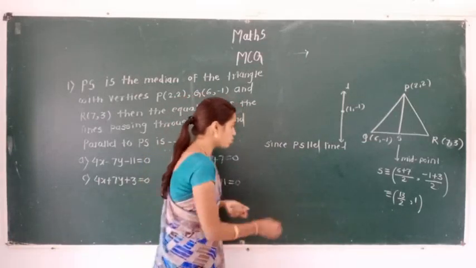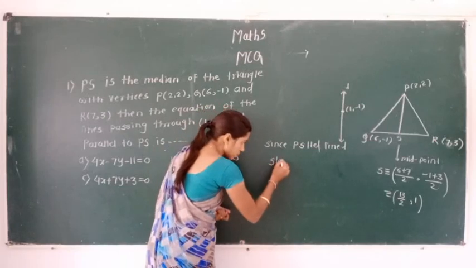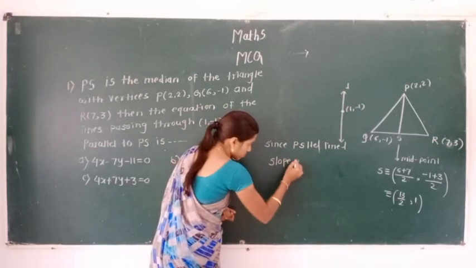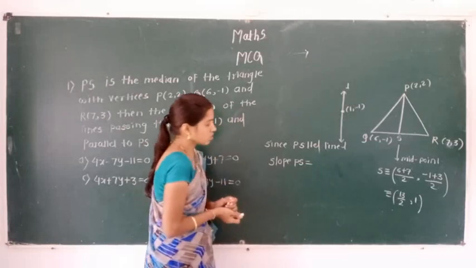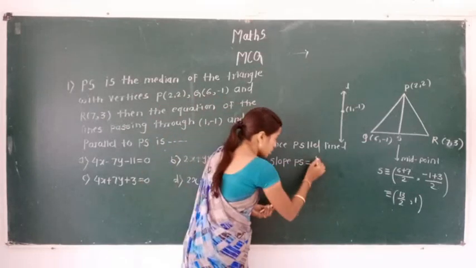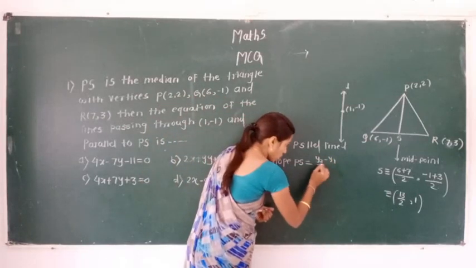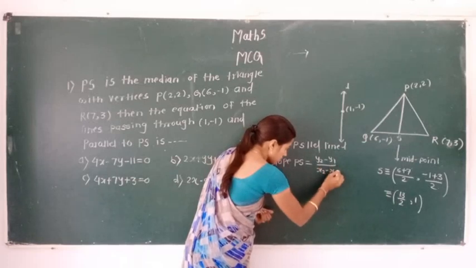Means first of all we have to find the slope of PS. Use the formula y2 minus y1 upon x2 minus x1.